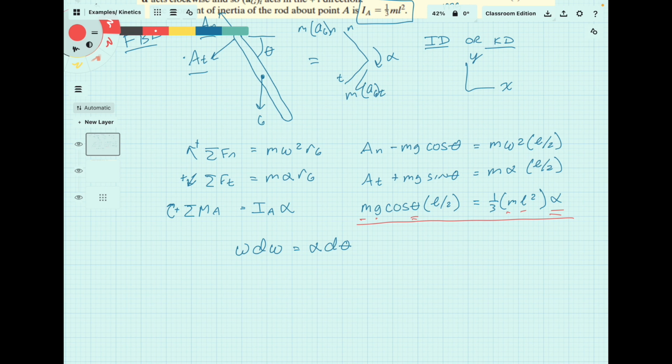So what I get there is that the mass terms cancel, one of the length terms cancels, and 3 is going to come over, 3/2 is going to be 1.5. G stays. Got one L term left, and the cos theta.